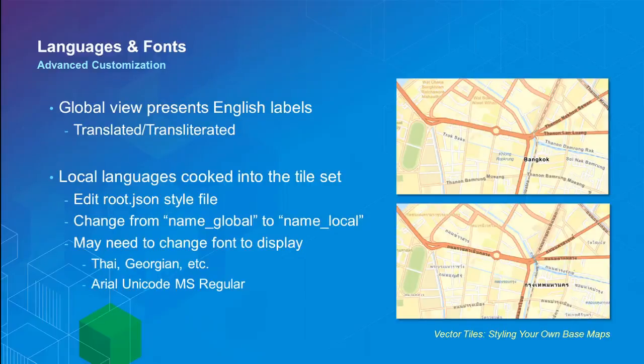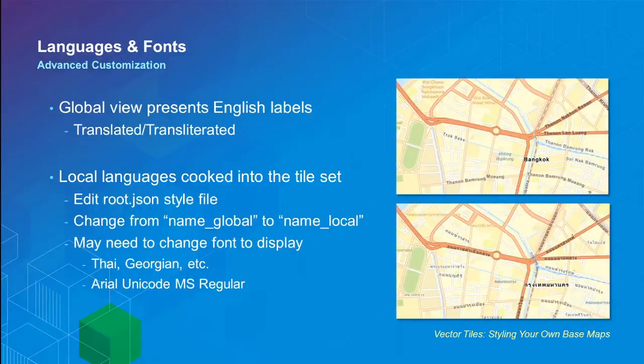They're not readily exposed in the base maps, but you can edit the root.json style file, similar to what Andy was showing you in the JSON editor, and you change the name of the label of the layer from name global to name local.